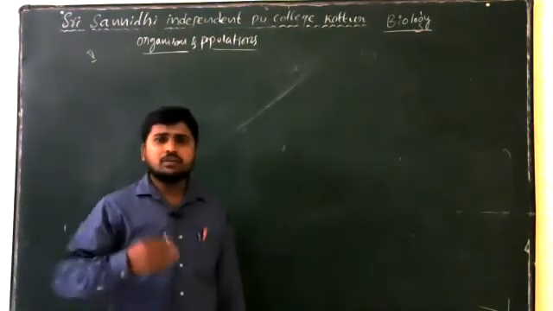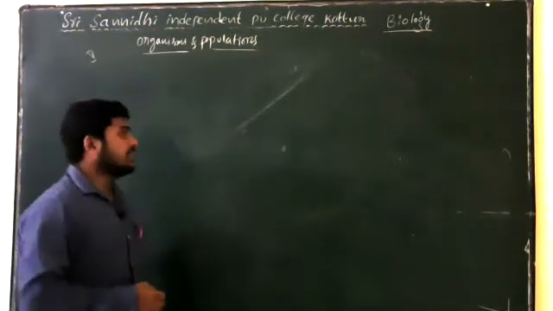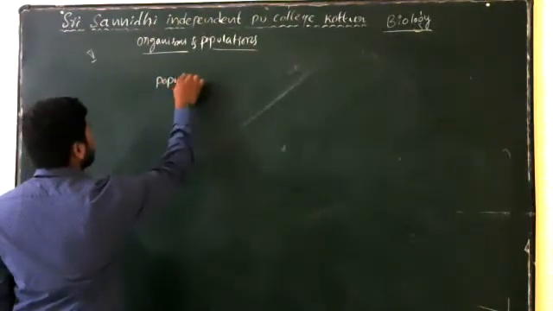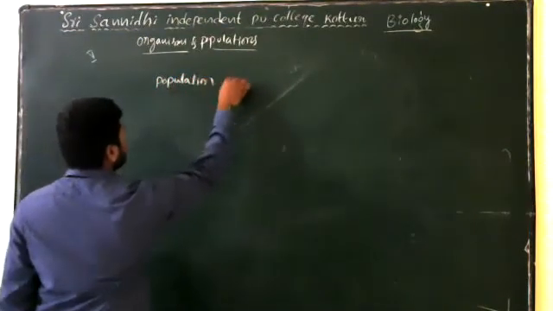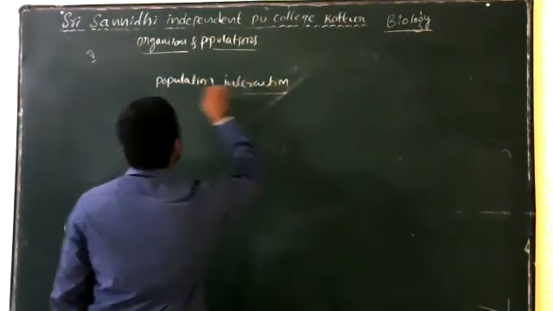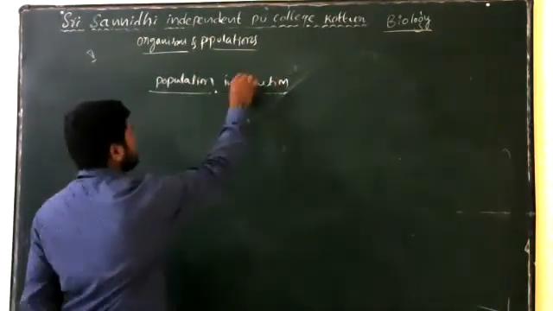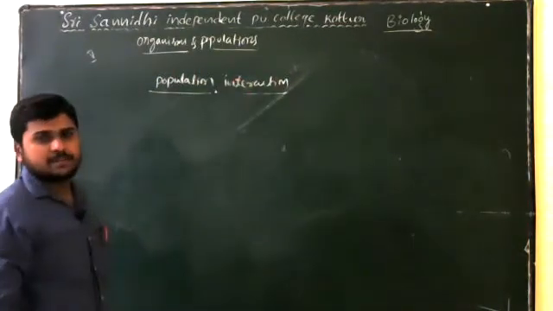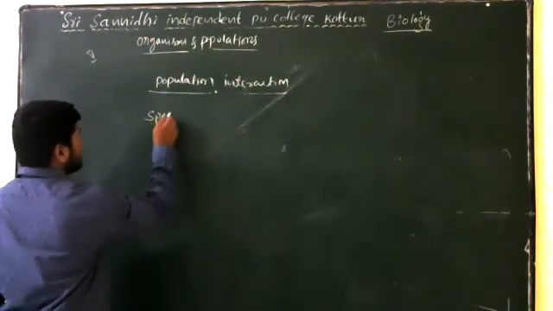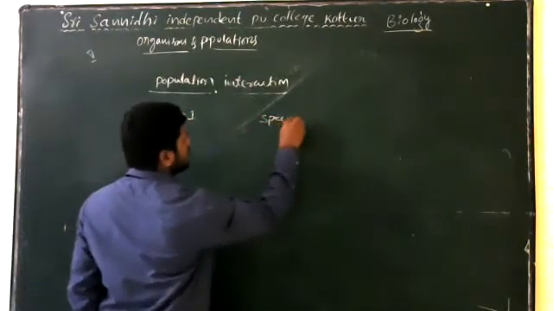Population interaction means the interaction is either intraspecific or interspecific. Intraspecific means within a species. Interspecific means between species. That interaction is called population interaction. For example, suppose there are two species, species 1 and species 2.